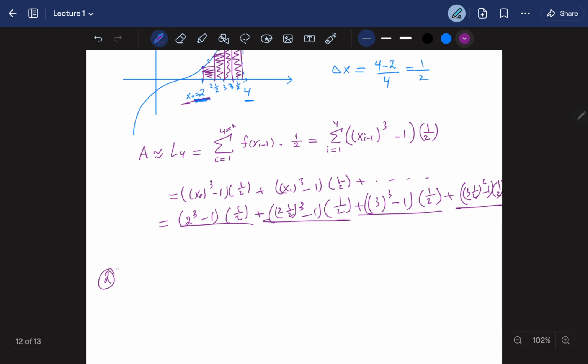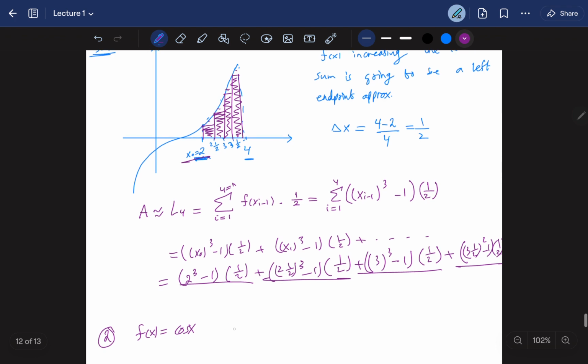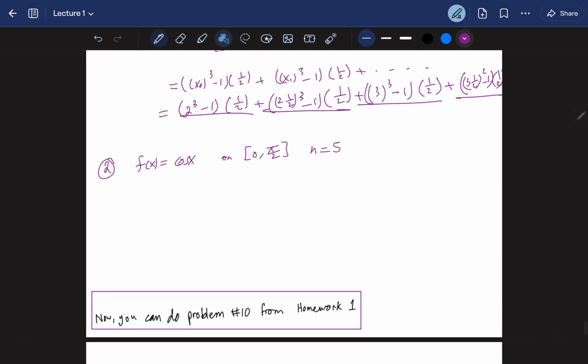We have the graph, we want to take the graph of cosine on the interval from 0 to pi over 2, where n is equal to 5. So the first step is always, you want to graph.